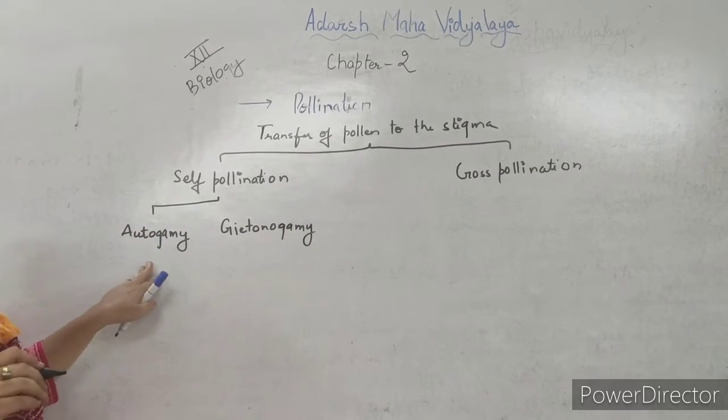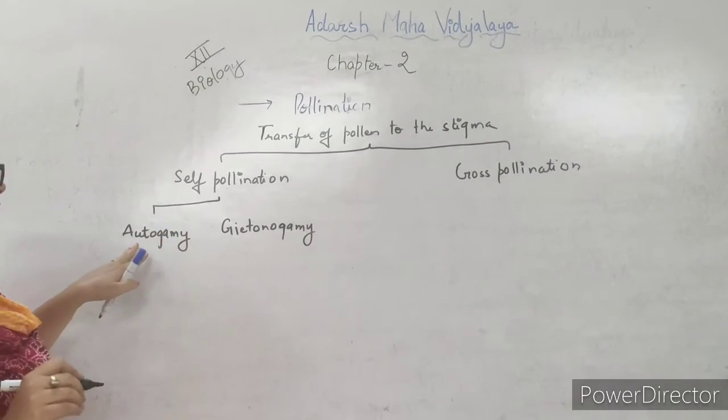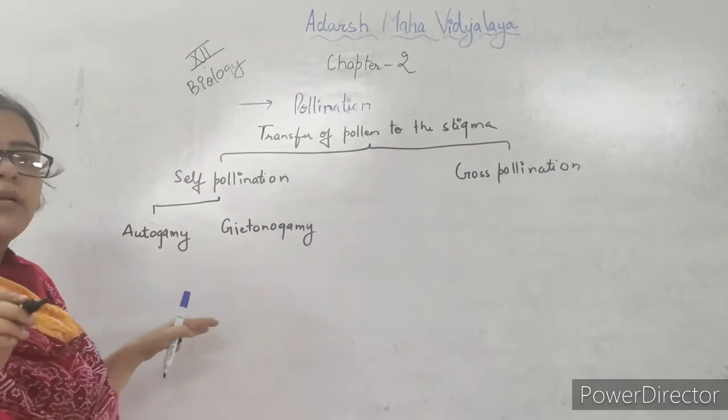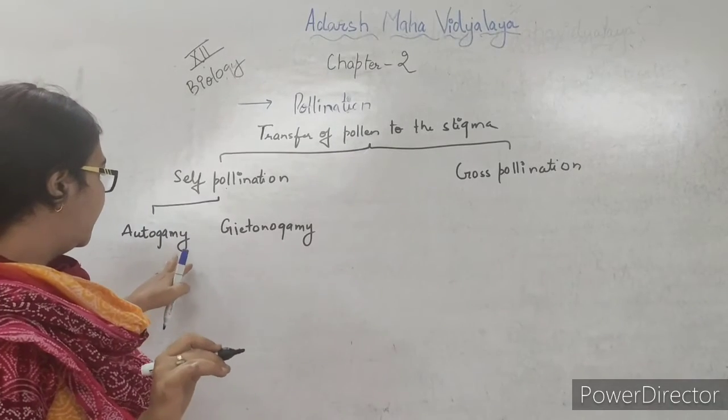Now we'll talk about self-pollination. Self-pollination is the pollination which is occurring in the same plant.